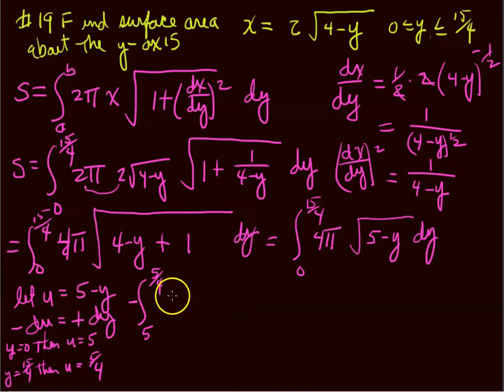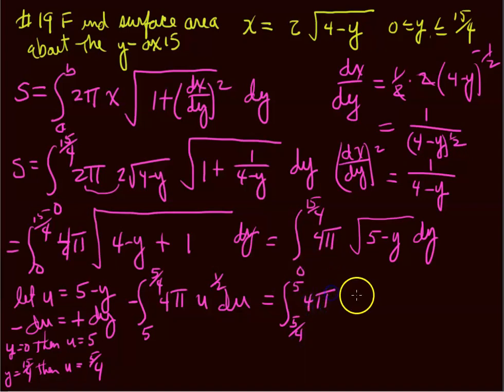Oh, where's the 4 pi? 4 pi, u to the 1/2 du. Now, when you've got a negative integral, remember, you can switch the limits of integration, and we'll get rid of that negative by putting the 5/4 as the lower limit and 5 as the upper limit of integration. Then the 4 pi and u to the 1/2 du.